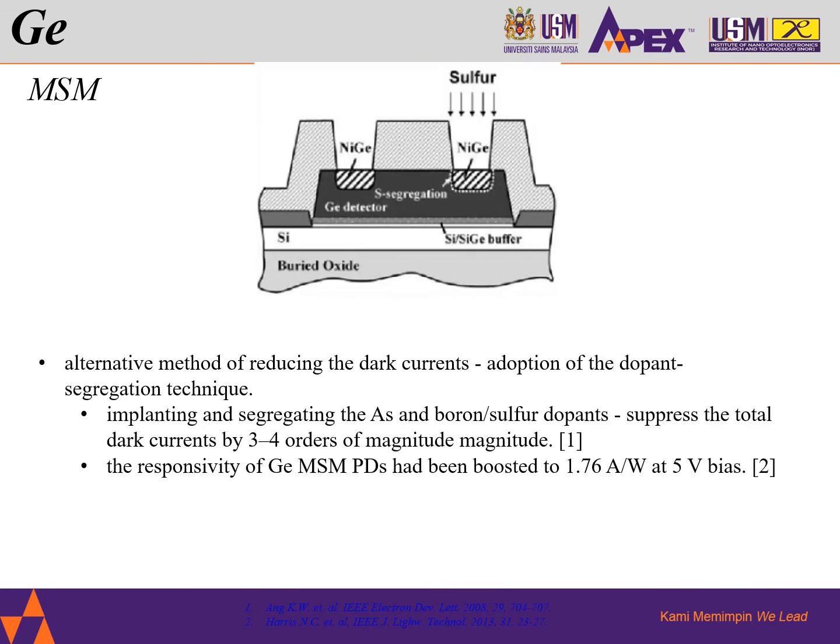An alternative method of reducing the dark currents is the dopant segregation technique. For example, implanting and segregating arsenide and boron or sulfur dopants can suppress the total dark currents by 3 to 4 orders of magnitude. With this modern fabrication technology, the responsivity of germanium MSM PDs has been boosted to 1.7 ampere per watt at 5 volt bias.